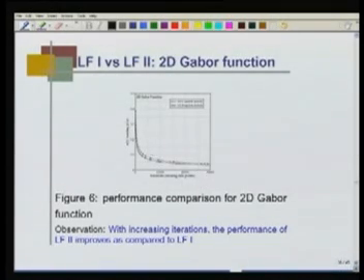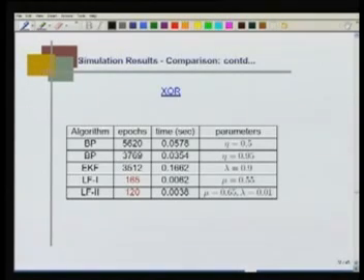You can easily see that for LF2 the error is much less, it has a lesser value than LF1. So, it has a better convergence performance. This we have in a kind of table format.